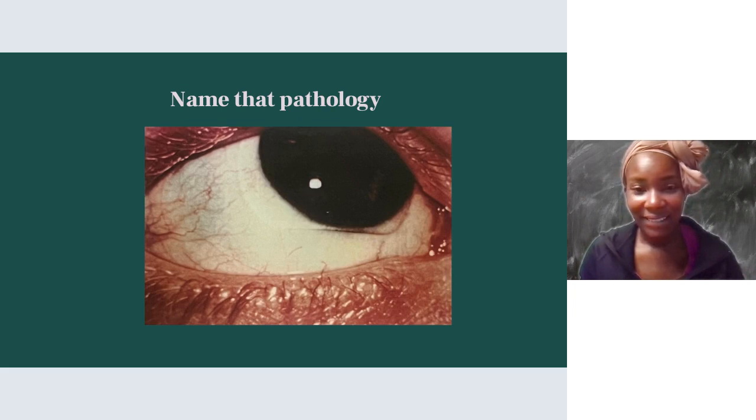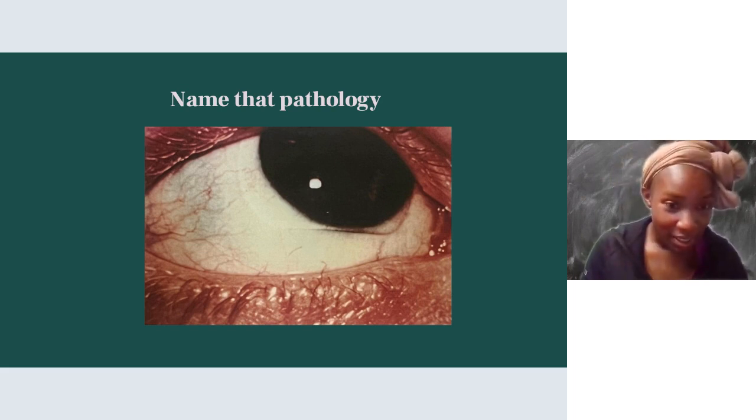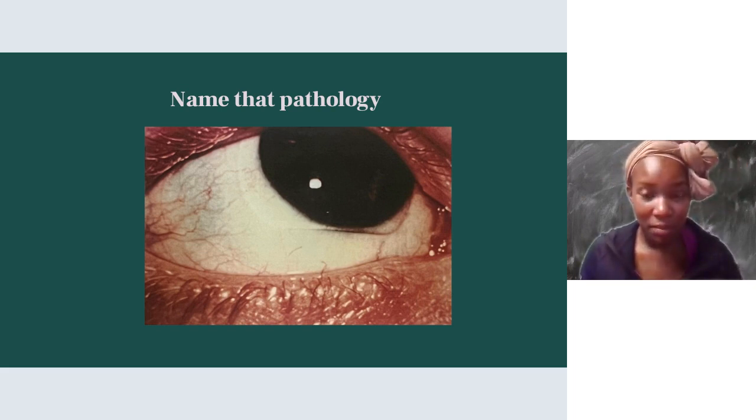Neovascularization? No. Upper lid attachment. So you guys see the contact lens in the picture, right? Do you see it? There's a contact lens in the picture. Somebody's saying the bottom is cut. What does the bottom cut mean?